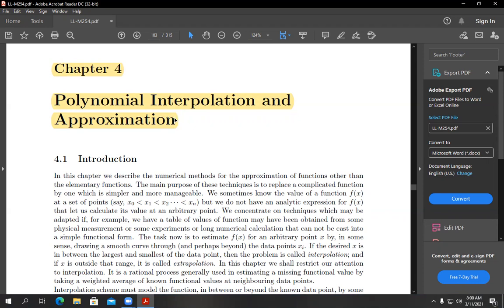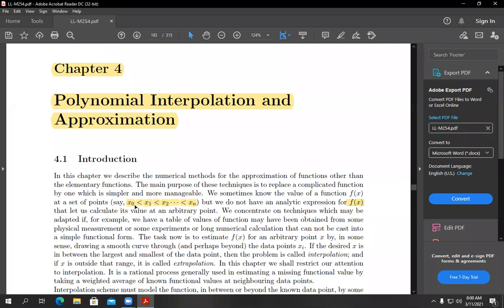What we have to do here: we are given the data points x0, x1, x2, and xn, and we are also given the corresponding function values. So we have the shape of a table with x values and function values.